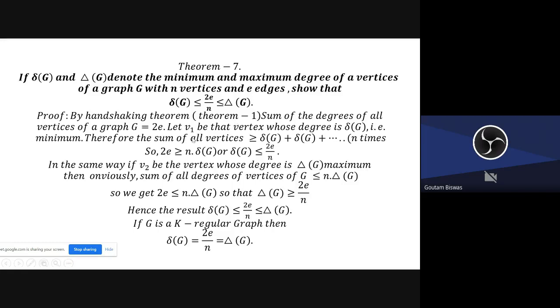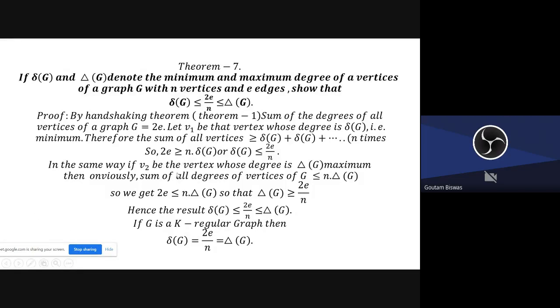So let V1 have this minimum degree delta G. Therefore the sum of degrees of all vertices will be greater than or equal to delta G plus delta G plus delta G, n times, so n into delta G. So twice E will be greater than or equal to n into delta G, so delta G will be less than or equal to this. So this holds.